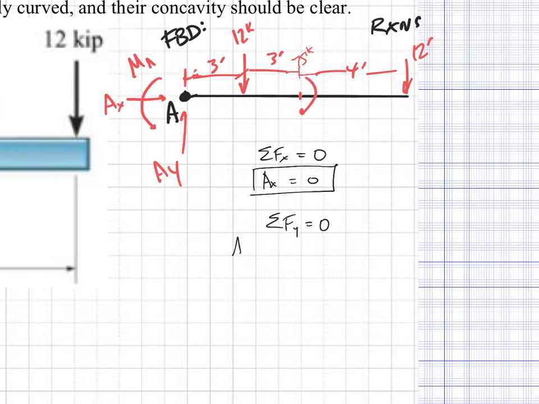So we've got an AY going up. We've got minus 12K going down, so that's this one. I wrote 12 feet, but that's a 12K, isn't it? 12K. Okay, AY minus 12K equals 0, so AY equals 24 kips.